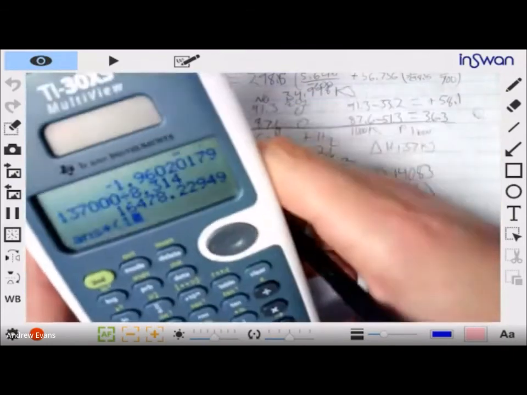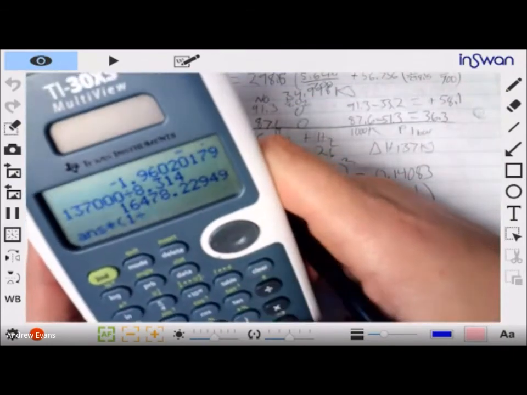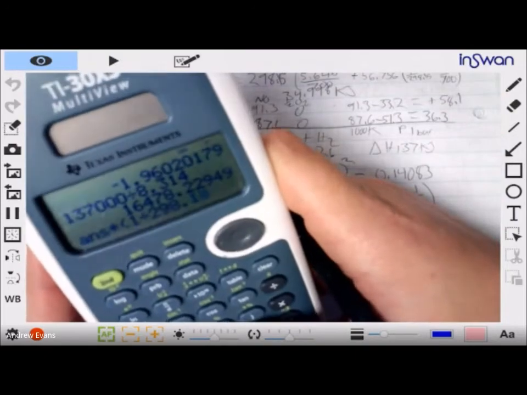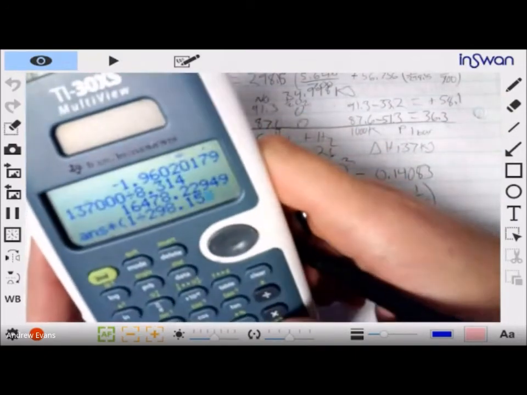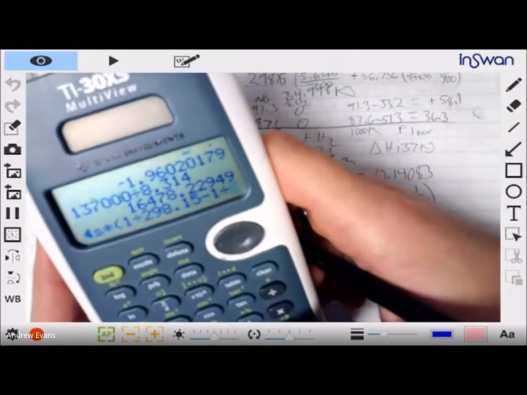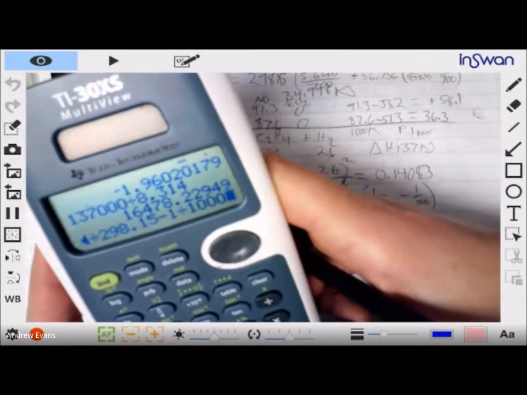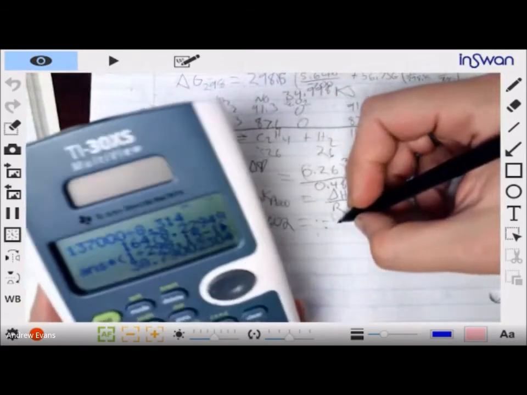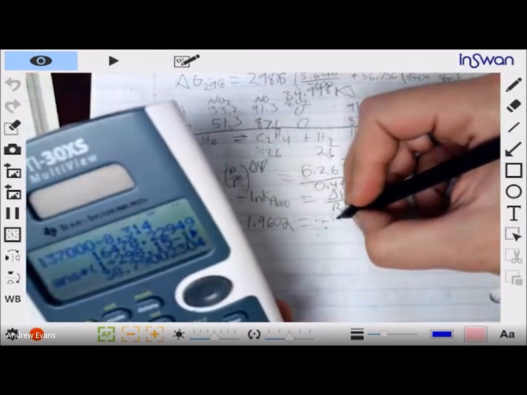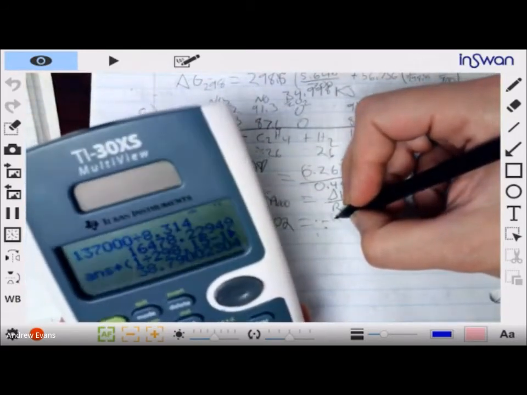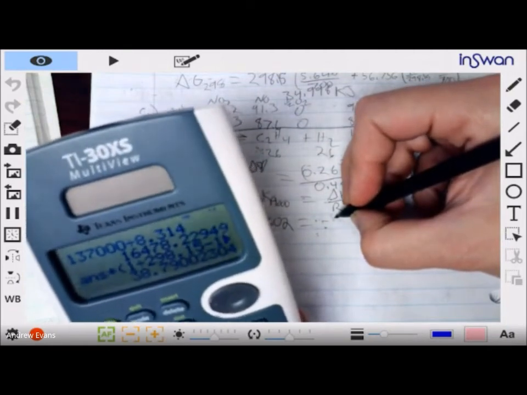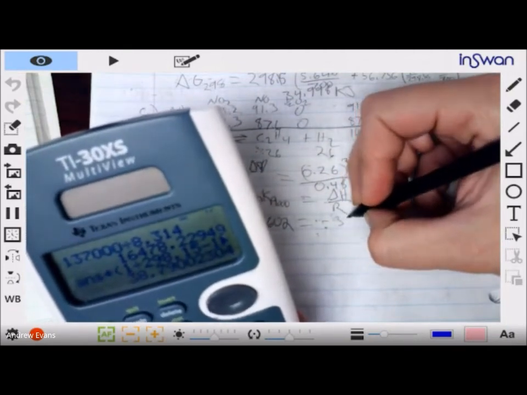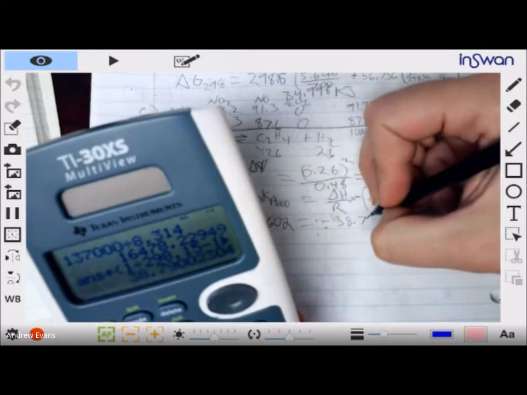1 over 298.15 minus 1 over 1,000. So that's going to be something like negative 38.7900.